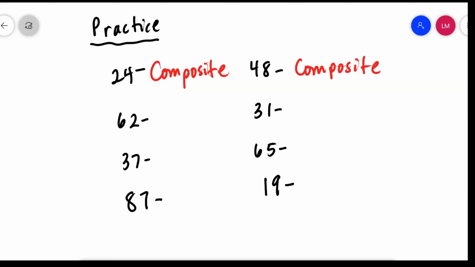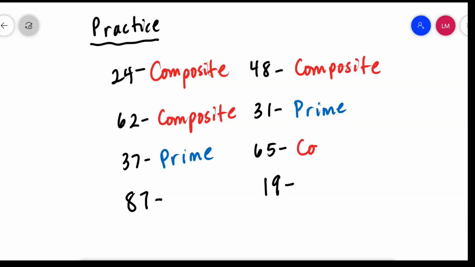Even 3 is a number that can divide into 48. 62 is a composite. 31 is a prime. 37 is a prime. 65 is a composite because it's divisible by 5, it ends in a 5. 87 is a prime. And then 19 is a prime.